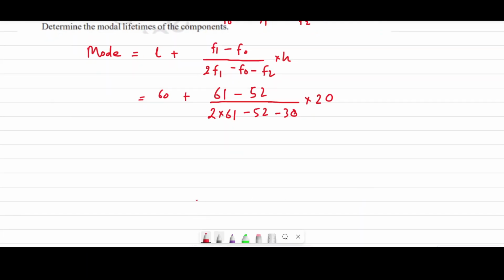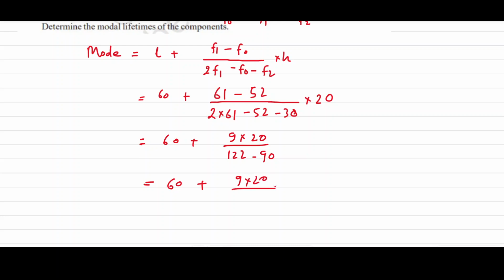Here 60 plus 9 into 20 over, 122 minus 90, that is 32. Then simplify again. 9 into 20 by 32.